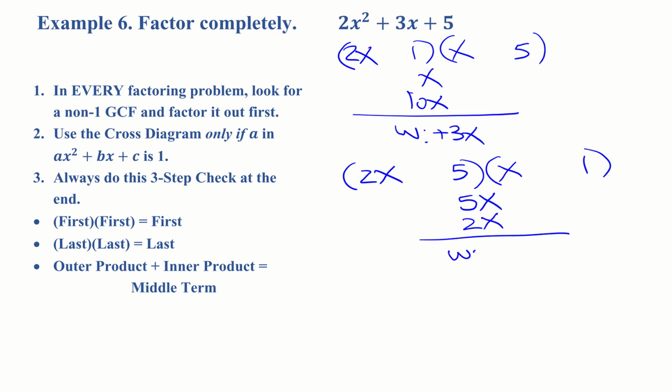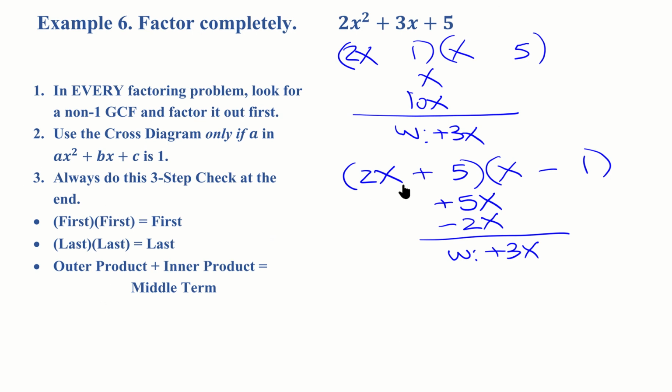You want positive 3x, and this is where you need to be really careful, because maybe if the 5 is positive and the 2 is negative, we can get our positive 3x. But that's going to put a positive here and a negative here. This is why the three-step check at the end is so crucial.